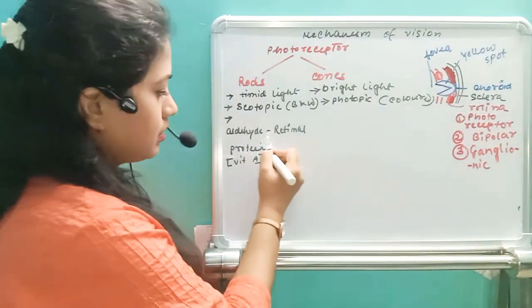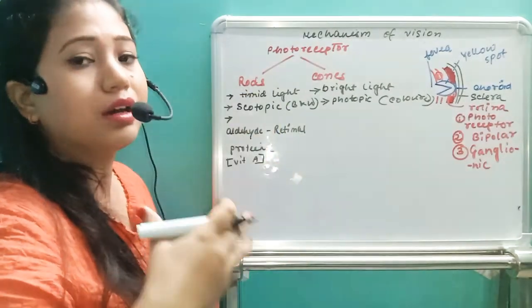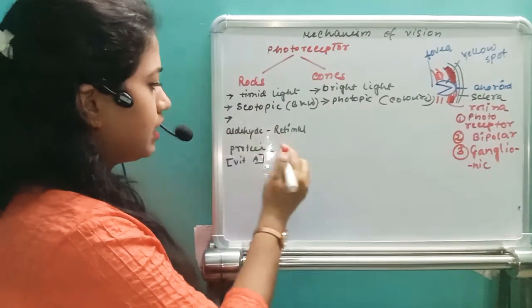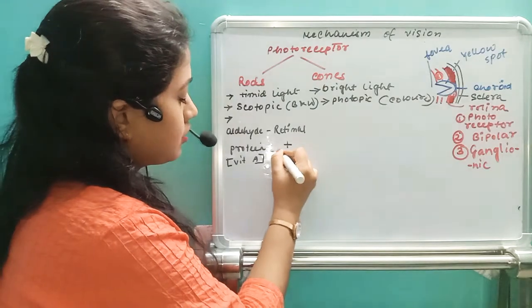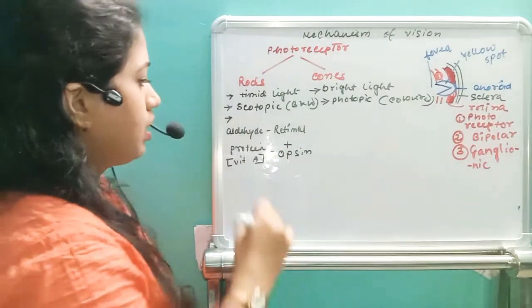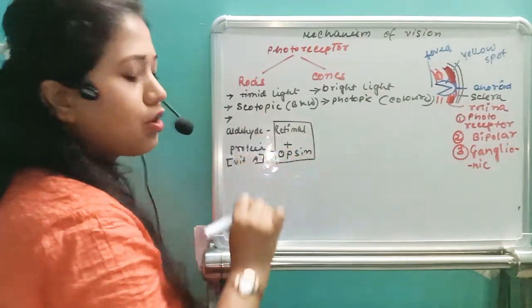The rods have pigments made up of retinal, one aldehyde, and one protein, the processed vitamin A, that is the opsin. So here the rods are going to have this retinal and opsin.